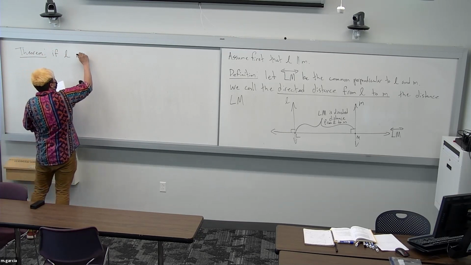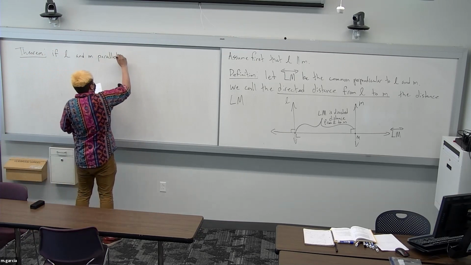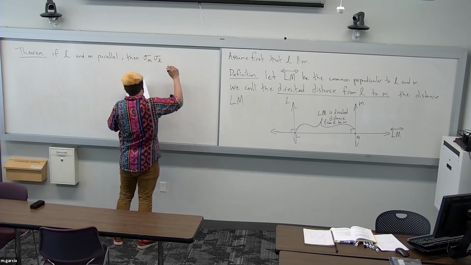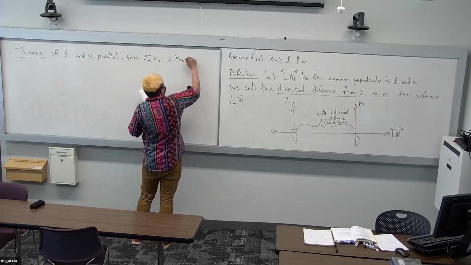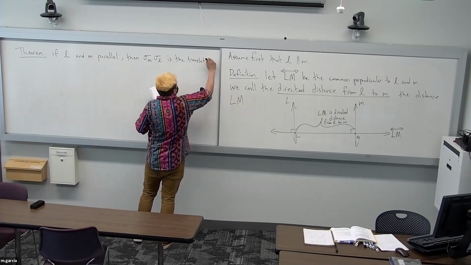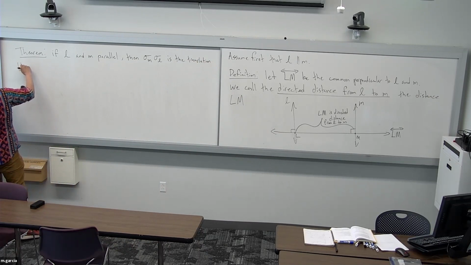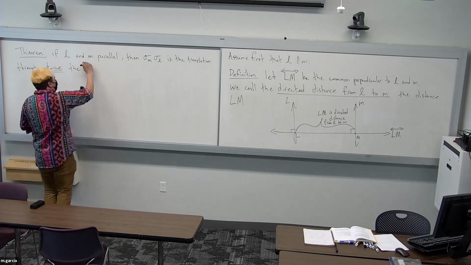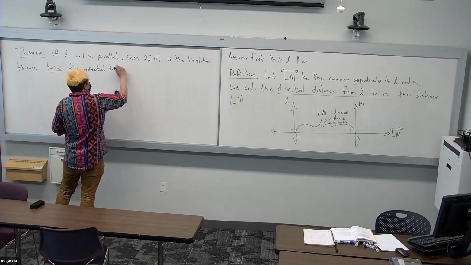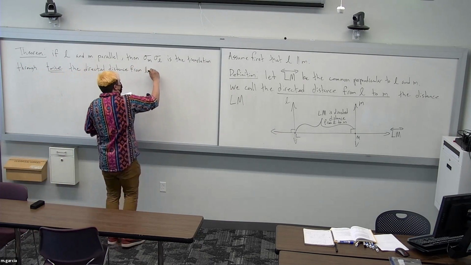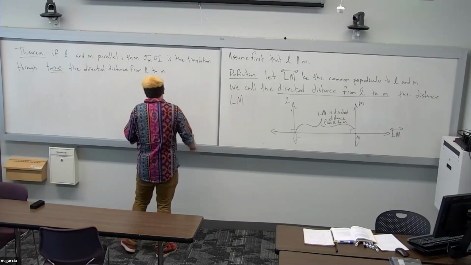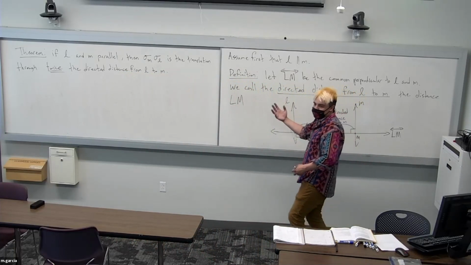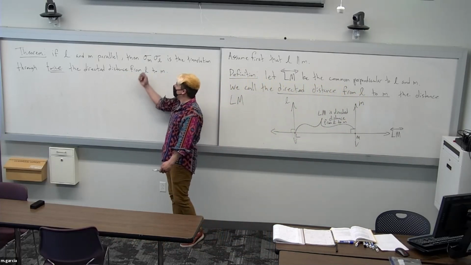If lines L and M are parallel, then sigma M, sigma L is the translation through twice the directed distance from L to M. Okay, so this is our first handle on an explicit description of what the isometries that are products of two reflections look like.